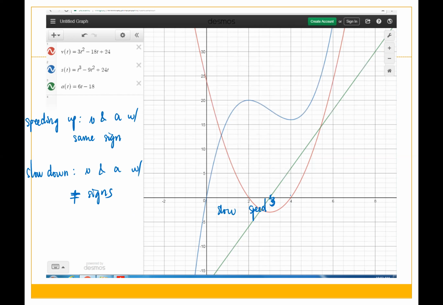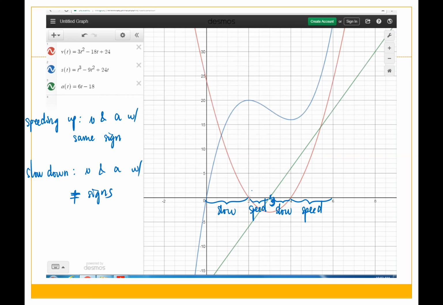And then from 3 to 4, one is positive and one is negative again, so it's slowing down. And from 4 onwards, red is above the x-axis and green is also above the x-axis. Therefore, both of them are positive. So here is speeding up again. So this is speed, slow, speed, and then slow.